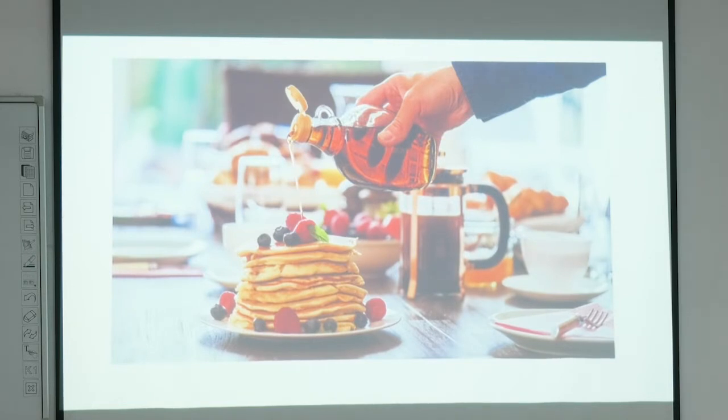This food is specially eaten with this. What is this thing? This is maple syrup. It looks like honey, maybe tastes a little bit like honey. This is pancake. Pancake is generally taken with maple syrup.